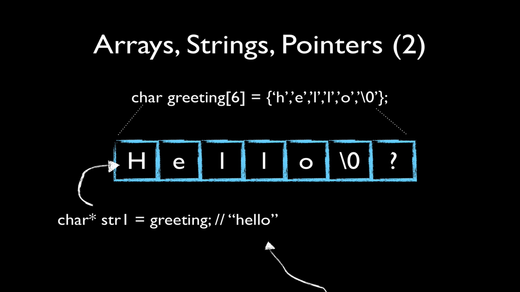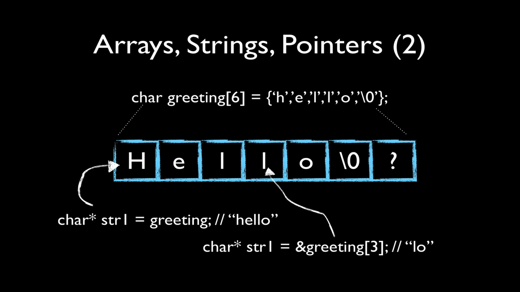If I assigned the expression ampersand greeting 3, you can think of that as a pointer that's pointing to the characters beginning at the second l in my original string hello. So in this case, the string pointed to by str1 would be the characters lo.